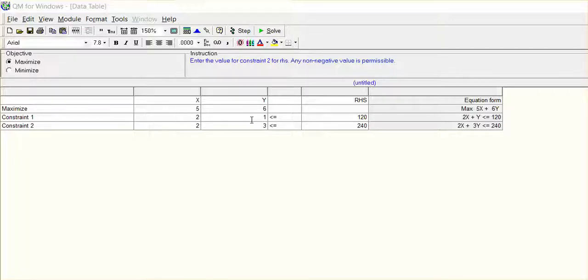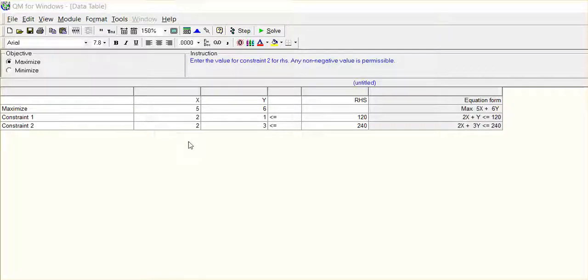Always make sure that you put a 1, like in the problem. In the problem, it stated 2x plus y. Well, we know that y is 1, so just put 1 in there. And it's less than or equal because it's maximization. And the total hours, or whatever resource it may be, available is 120.